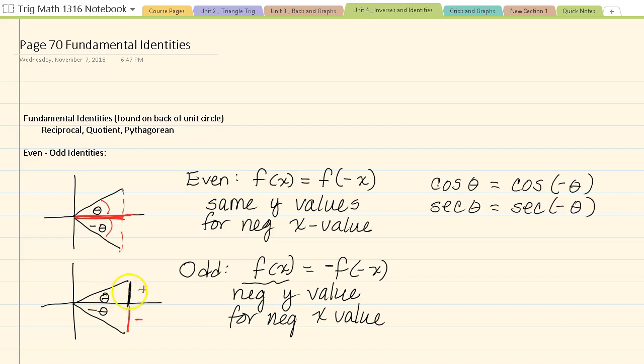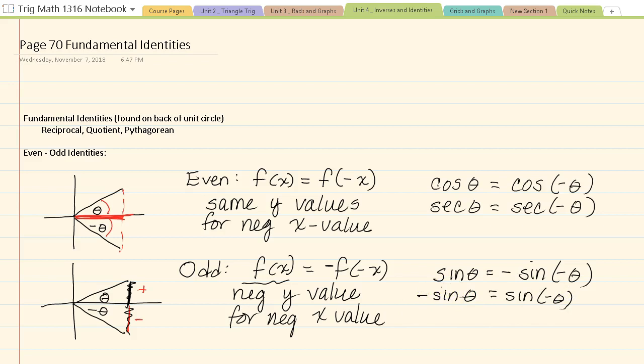We can see that that happens for sine of our angle. So sine of theta will give me this part, and sine of negative theta will give me this part. So we find that sine of theta is equal to the negative sine of negative theta. Now maybe we can also see this as sine of negative theta is equal to negative sine theta. They both say the same thing.